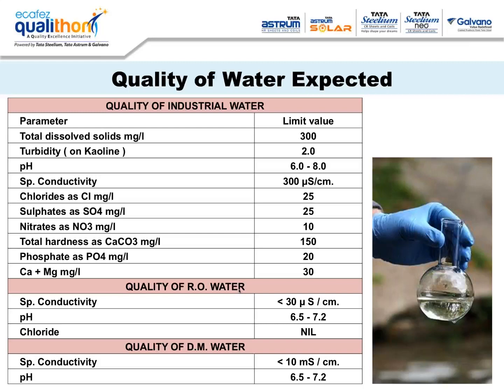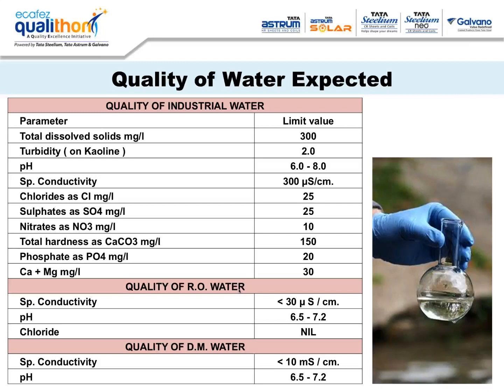Now, the specific conductivity has to be maximum 300 microsiemens; less than that is the best. Then chlorides, sulfates, nitrates, total hardness, phosphates, and calcium and magnesium in mg per liter. Now these are the conditions which are given.